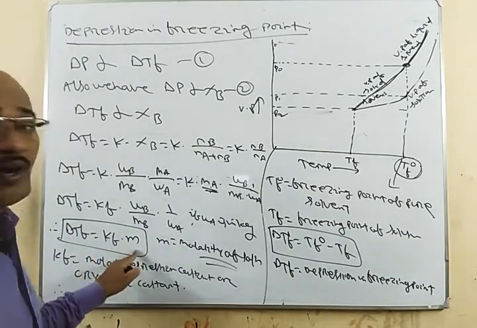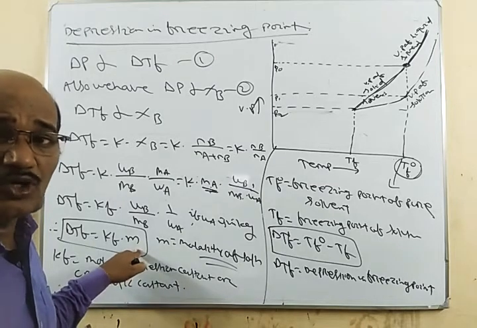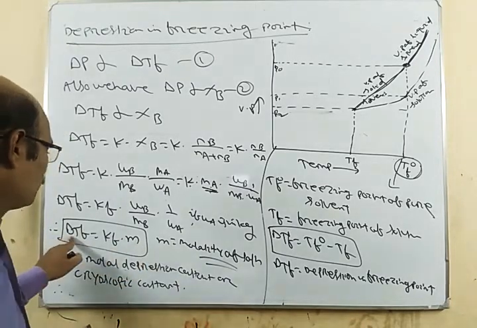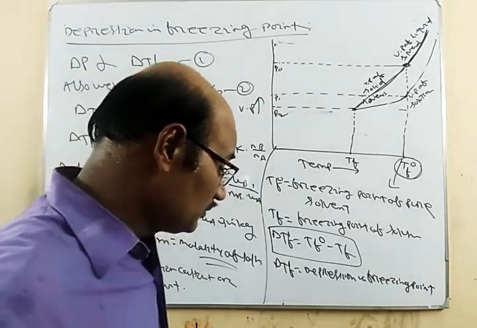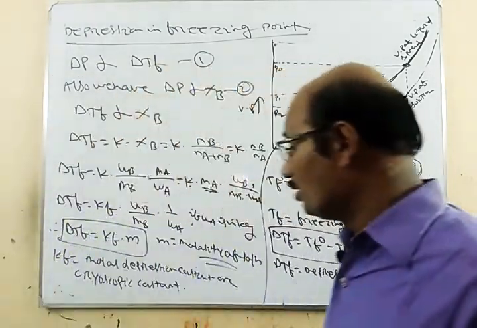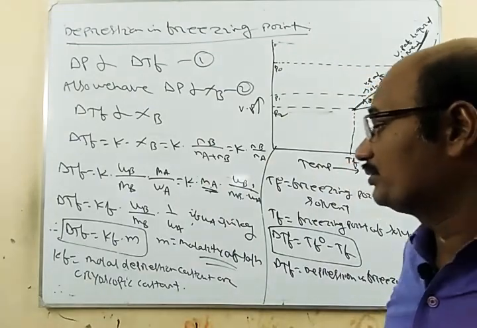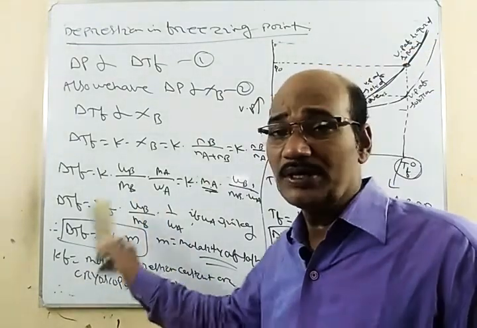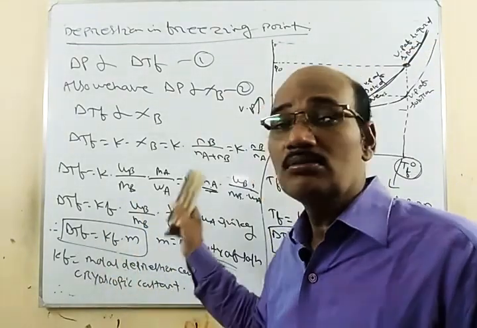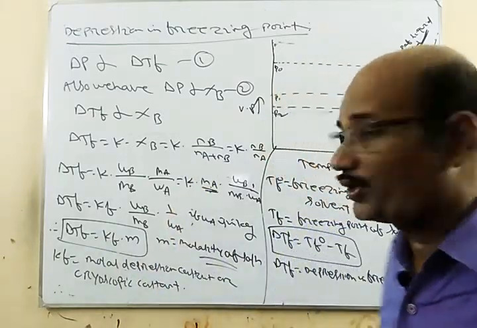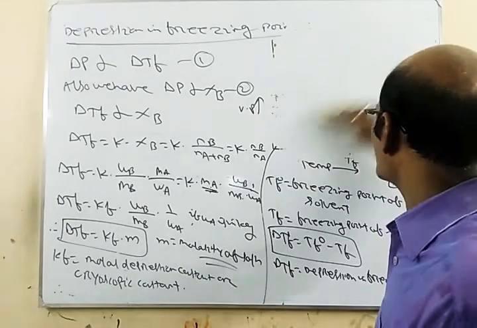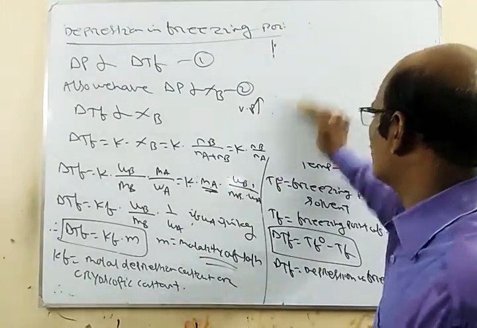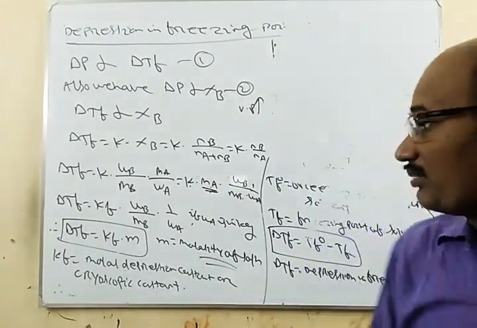If m equal to 1 mole, then delta Tf is equal to Kf. So what you can say, the molar depression constant or cryoscopic constant is the depression in freezing point of a 1 molar solution.